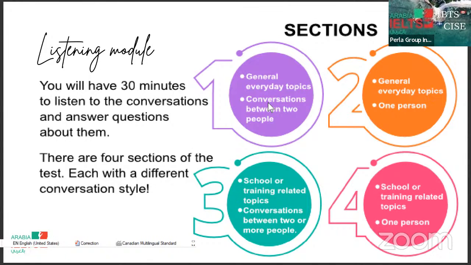And you will always get some sort of educational background. So it's like a student talking to another student, a student talking to a professor, or, for example, a professor and 2 students, right? So it's always related to an academic setting, and it's a conversation between 2 to 4 people.